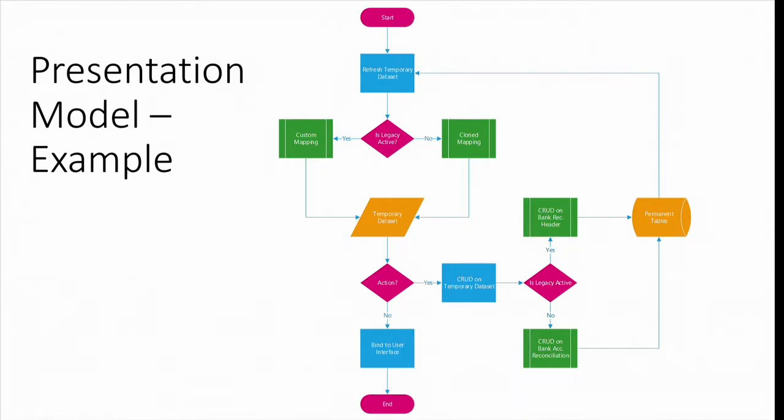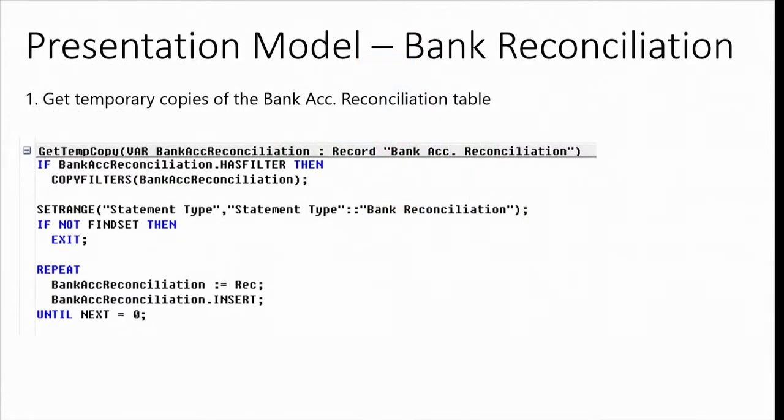If it is the old legacy data, then it's a custom mapping. And we will see that in code excerpts later. Based on this, the users do their actions as they please, and whenever they're done, the data is updated into permanent tables, and everything is in place as they expect. Seamless experience, it works well, and they just made the choice they need.